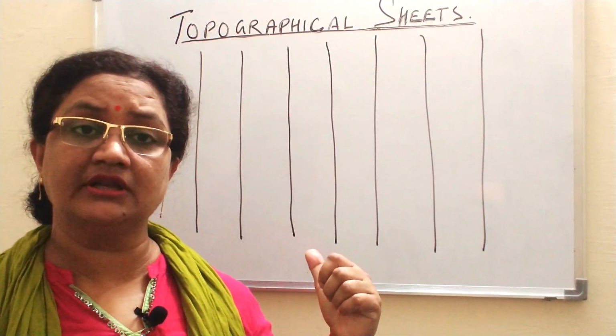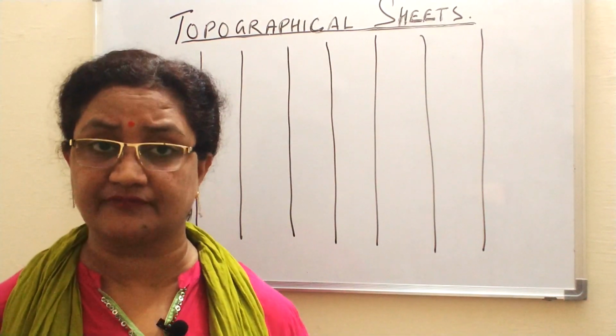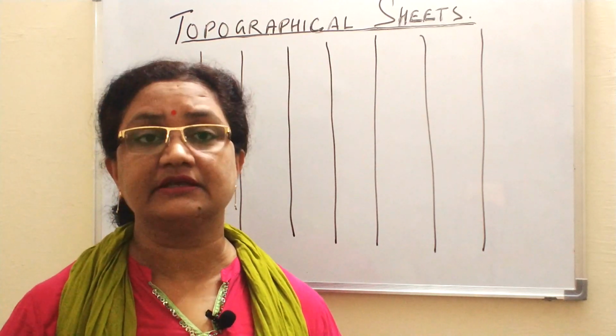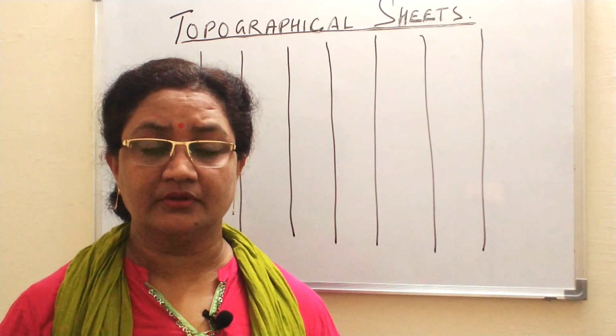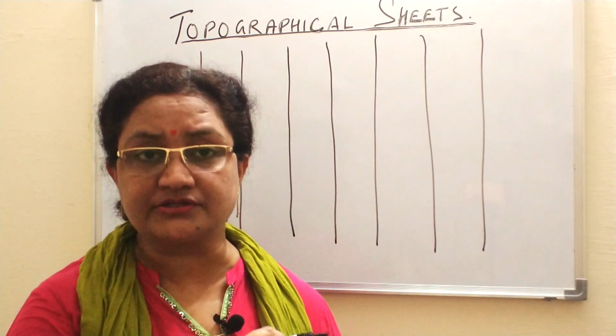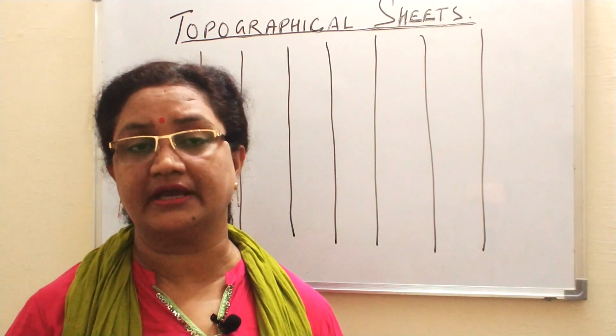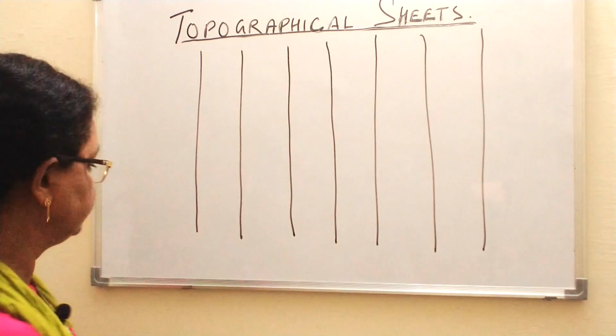The vertically drawn lines on the topographical sheets are called the eastings. In the same way, the horizontally drawn lines are called the northings.